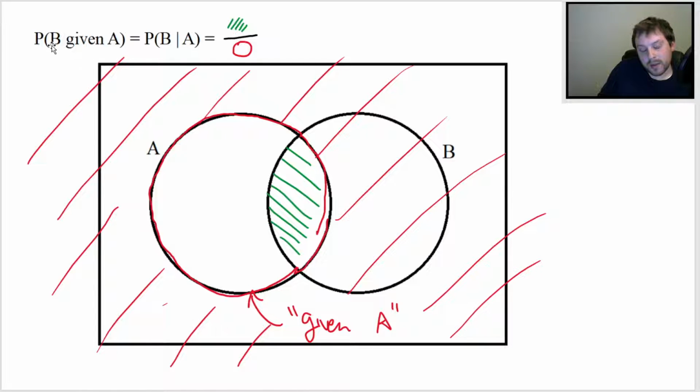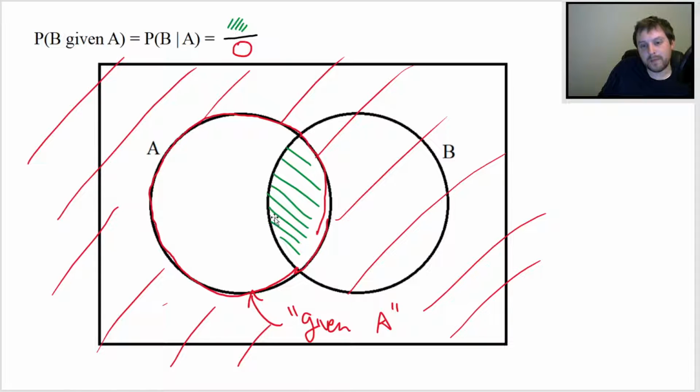Let's really consider what the formula is asking. We know that A has happened, so we've zoomed in onto A. We now want to ask, okay, what's the probability of B then, given that A has happened? So this is not the same thing as the probability of B by itself. For B by itself, we don't know if A has happened. Maybe it has, maybe it hasn't. It would be just the entire B circle for that.